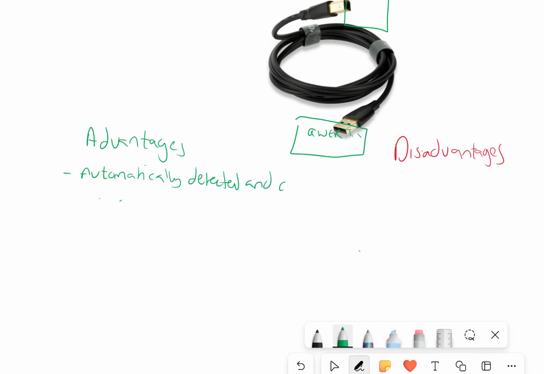That means set up so I can use it. So the drivers, for example, are all set up automatically. So that's a huge advantage. We call that plug and play. Plug it in, do something with it straight away.